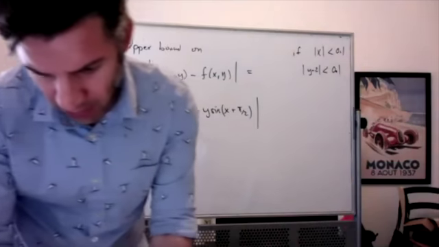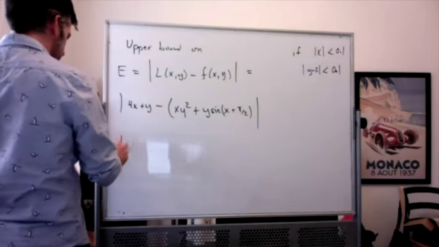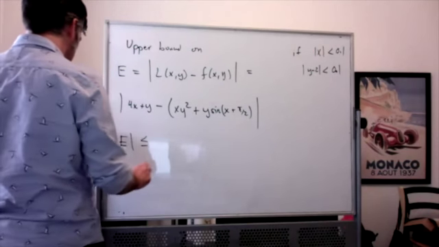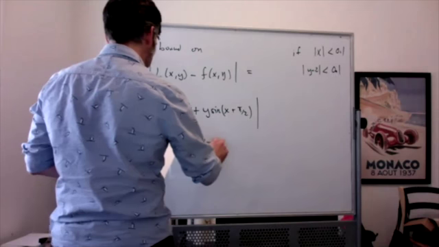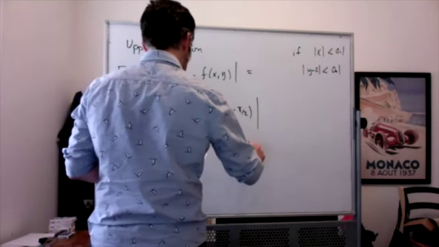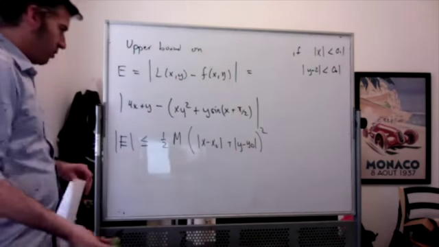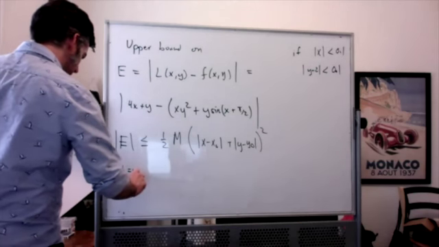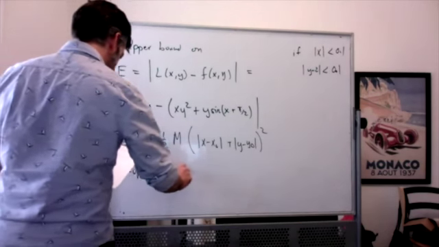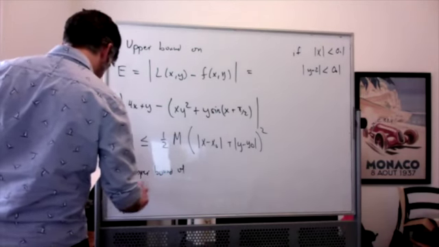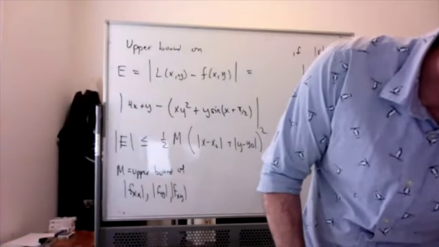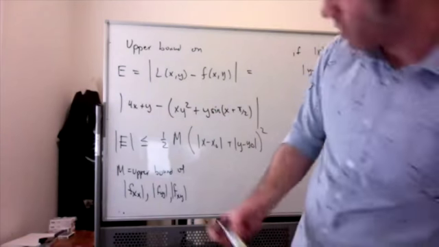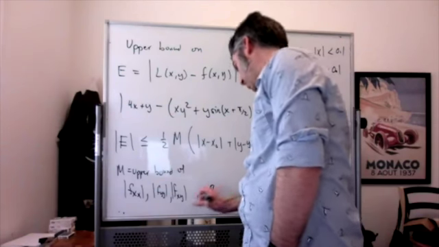So the error is less than or equal to 1/2 of M, which we'll talk about in a moment, times the quantity absolute value of x minus x naught plus y minus y naught, squared, where M is the upper bound of the second partials, fxx in absolute value, fyy in absolute value, and the mixed partial fxy, on the region being described.